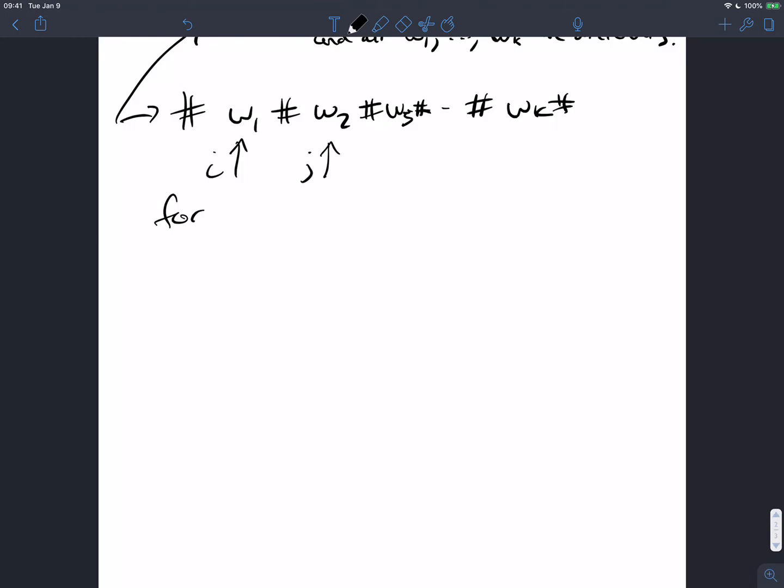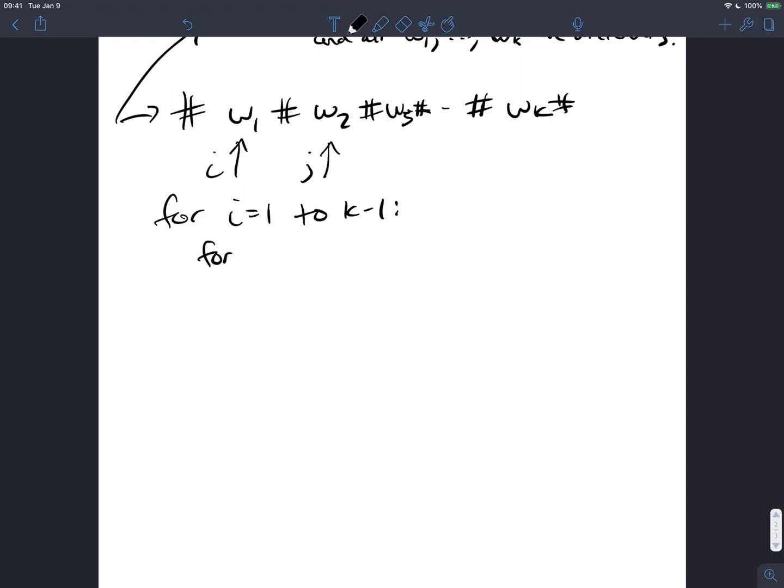Where does I go from and to? It starts at 1 and goes to, be careful, K minus 1. Does it go to K? No, I don't need to check that, because if I check I and J this way, isn't that the exact same thing as if I switch them? So I only need to go to K minus 1 here.